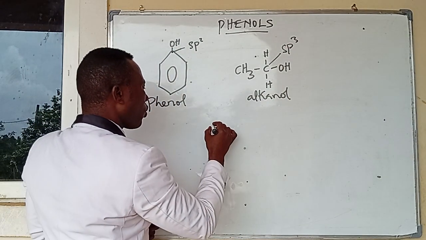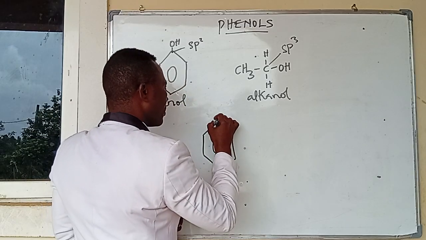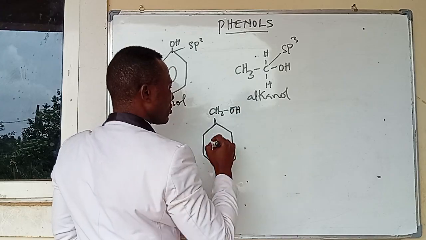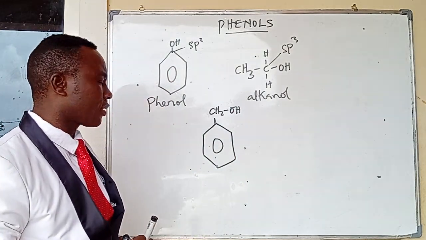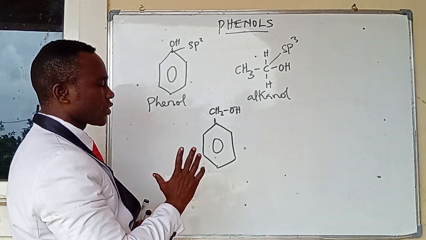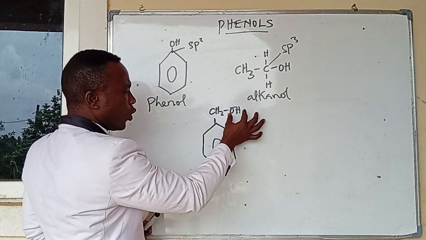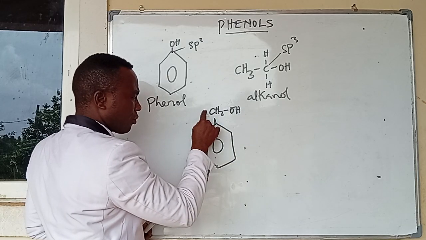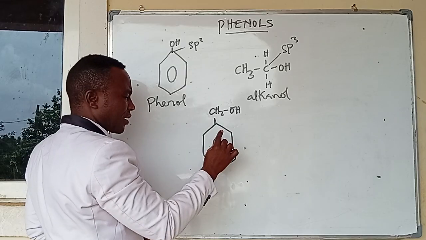Now, what do we say of this compound, CH2OH? Is it a phenol or an alkanol? Let us analyze. This is the OH. The OH is bonded to this carbon atom, not directly to the benzene ring.